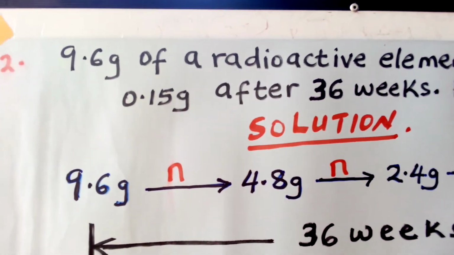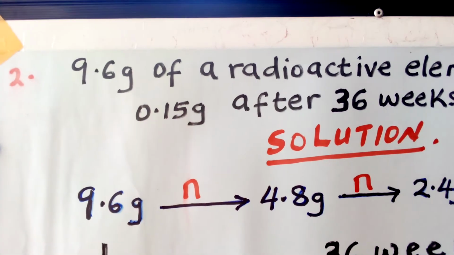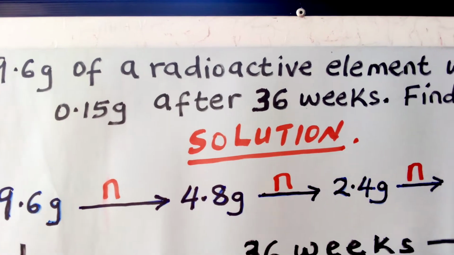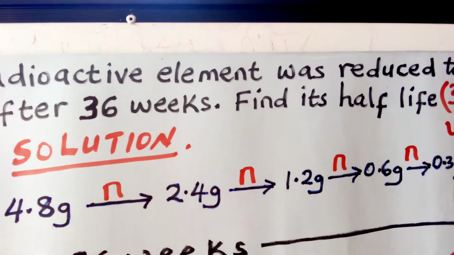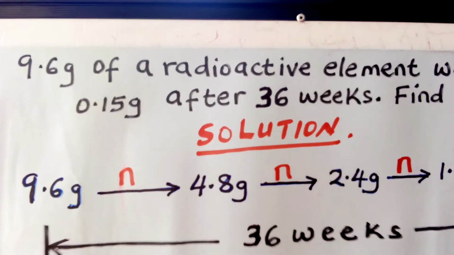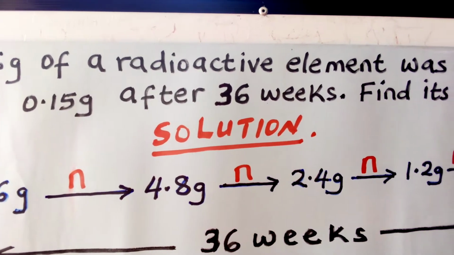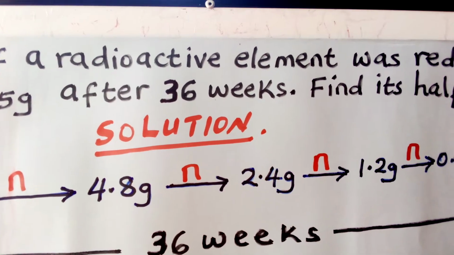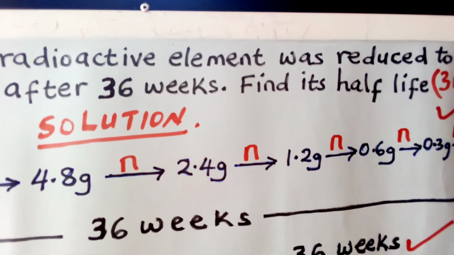Now the second one here reads: 9.6 grams of a radioactive element was reduced to 0.15 grams after 36 weeks. Find its half-life.